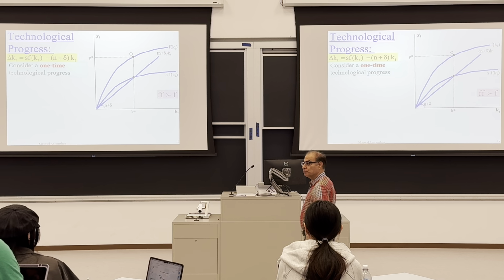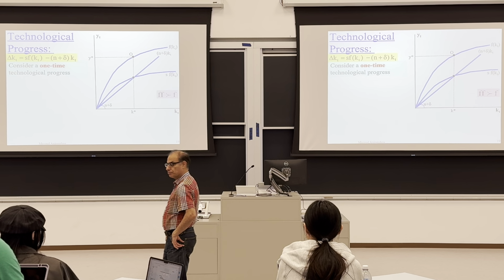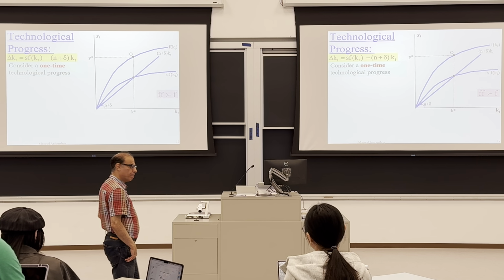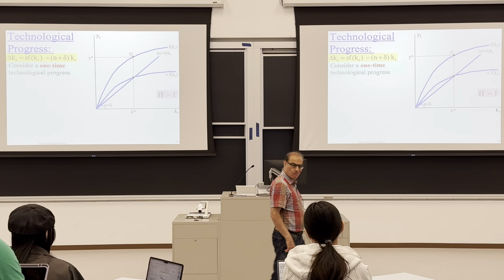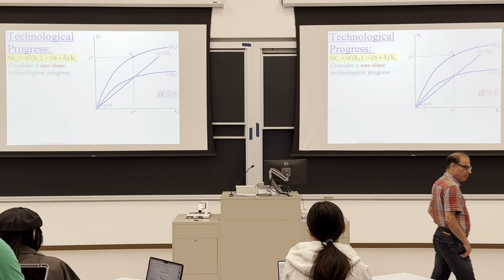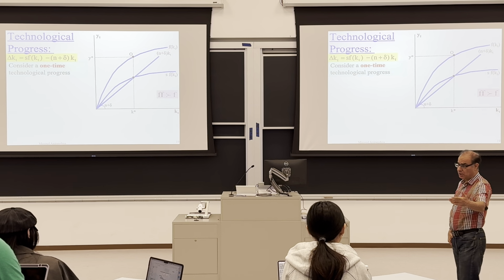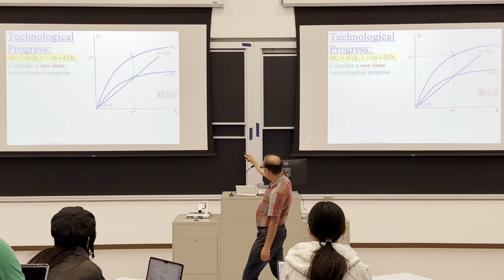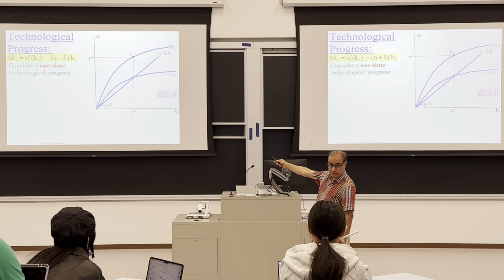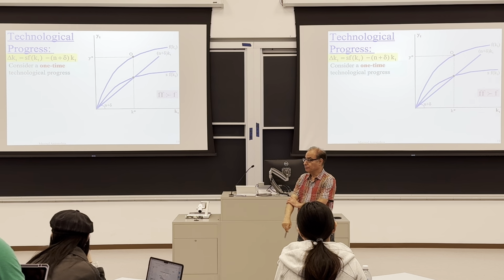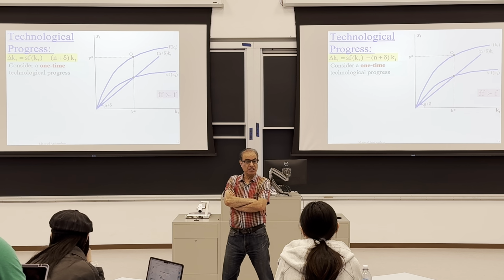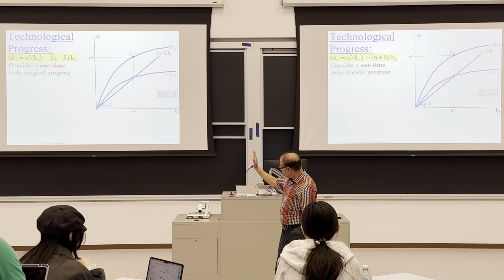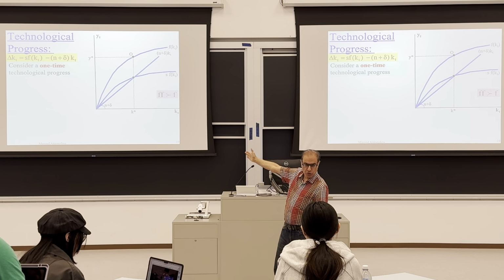From a graphical point of view, how did we show technological progress? We talked about that in chapter 3, and you should have seen that 1 million times in micro class. If technology gets better, what happens? Better technology means with the same level of inputs, you can produce more output.